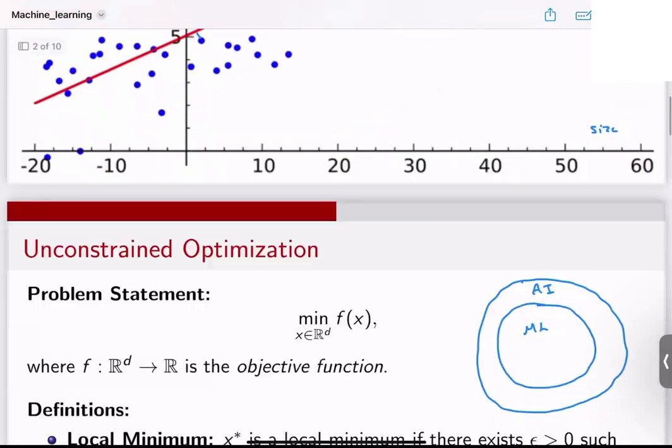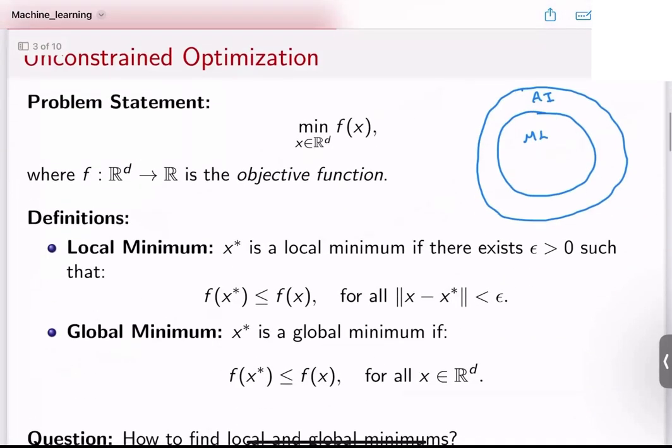So here's the general setup that's going to be needed for machine learning problems. There would be some function defined on R to the D that is real valued, and we want to minimize it.